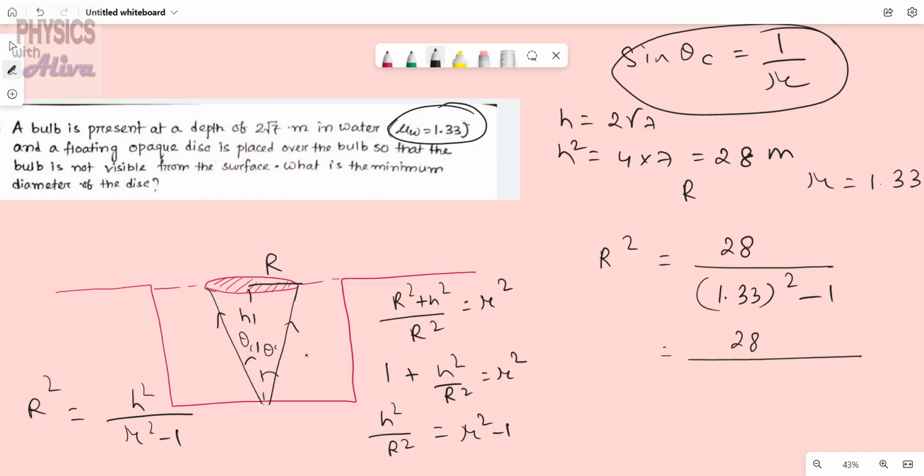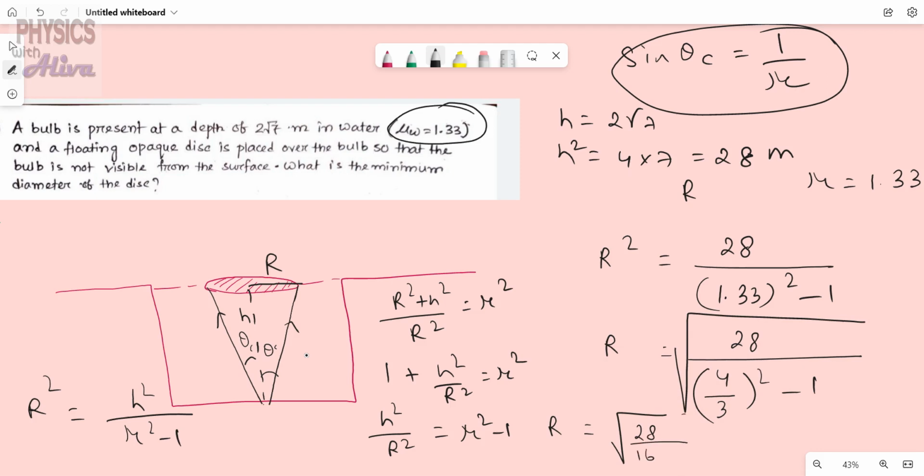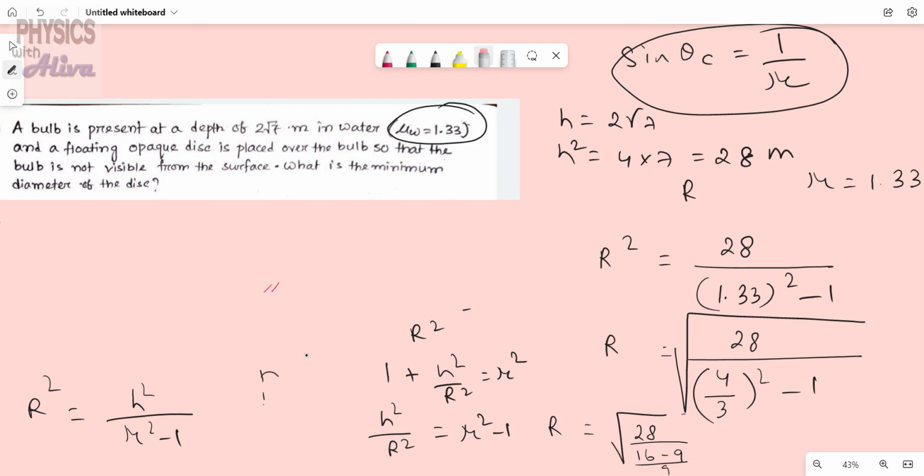This 1.33 means 4 by 3, square, minus 1. So this is root over 28 divided by 16 by 9 minus 1, that is 7 by 9. Now I'm deleting this so that I can get space.